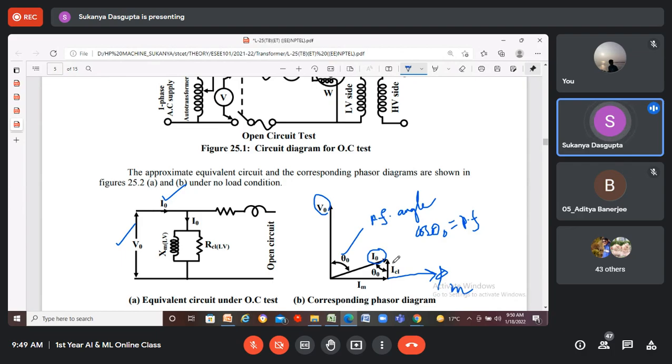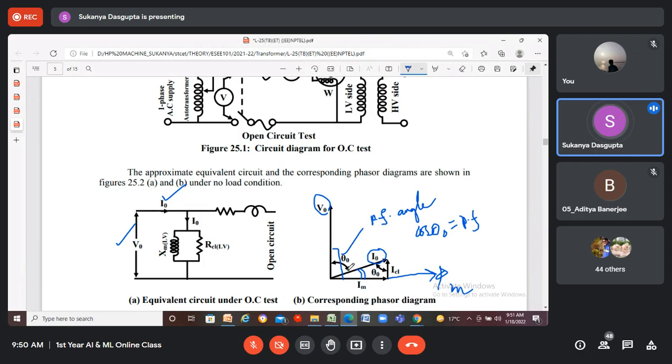So in order to reduce the core loss, this vector should be near to the vector Im. That means this angle should be very, very small. And this is 90 degrees. That means this theta 0 is 90 minus this angle. So if this angle is very small, then definitely this angle will become 90.